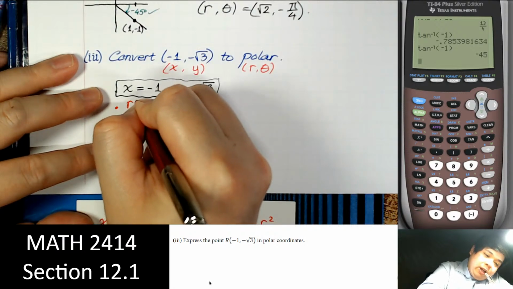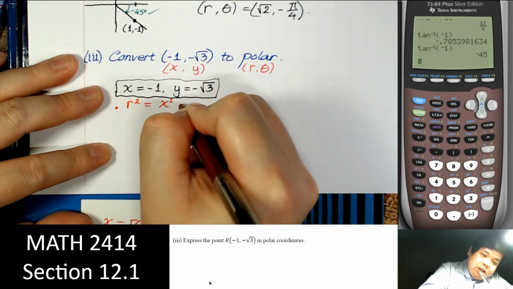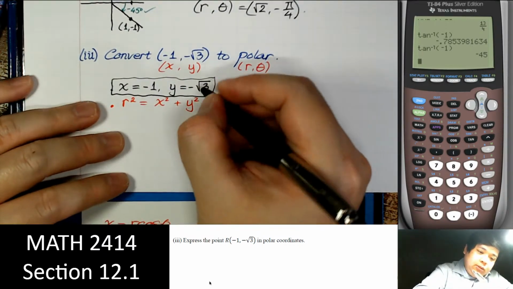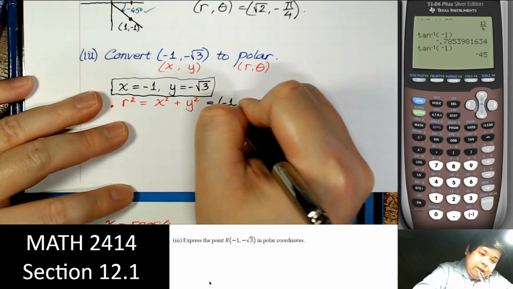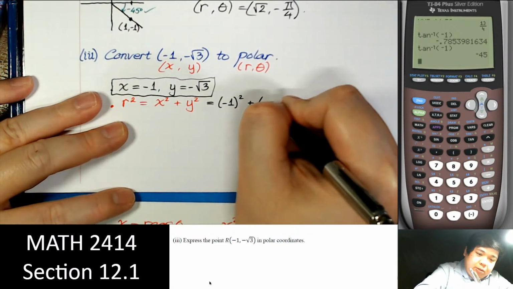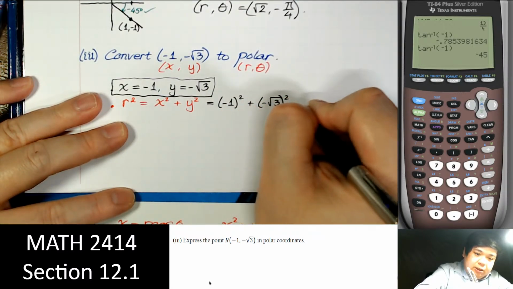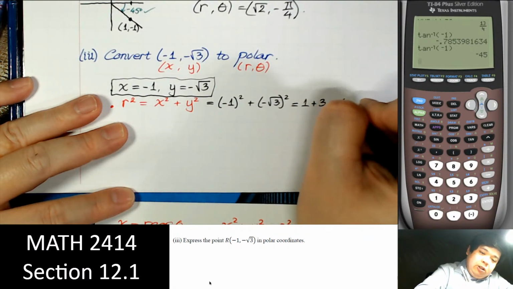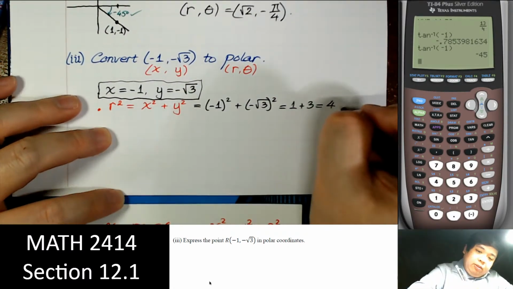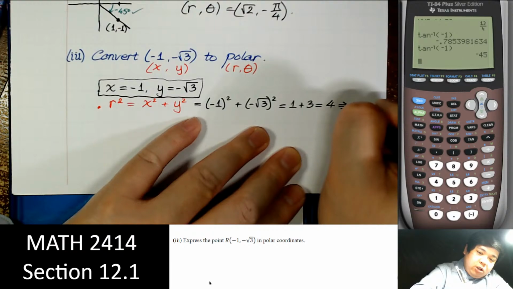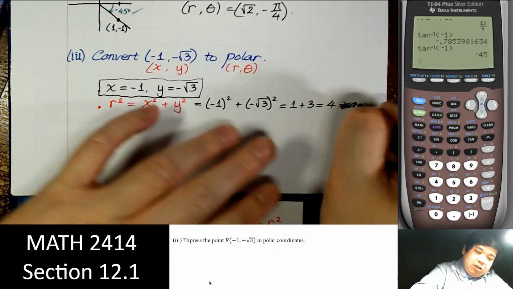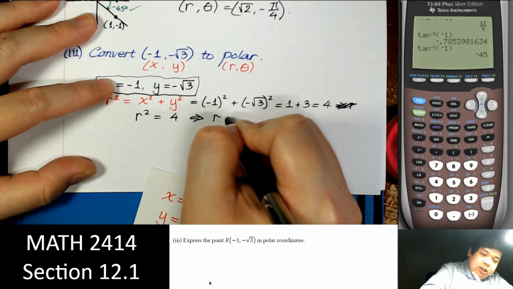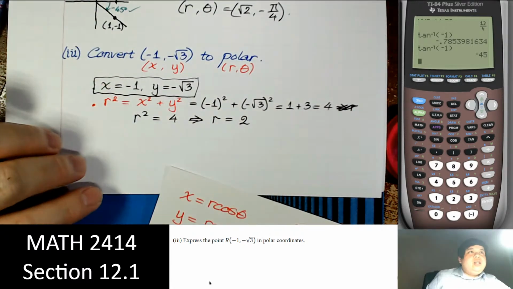We have r squared equal to x squared plus y squared. 1 plus 3 is 4. If r squared is 4, take the square root on both sides, so r equal to 2. It's easy.